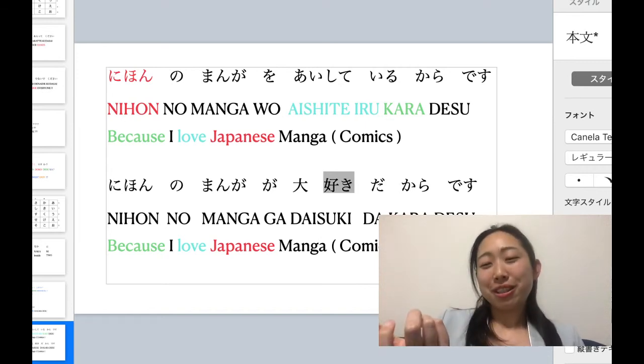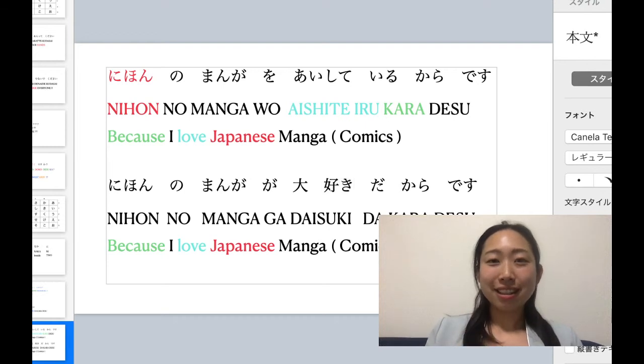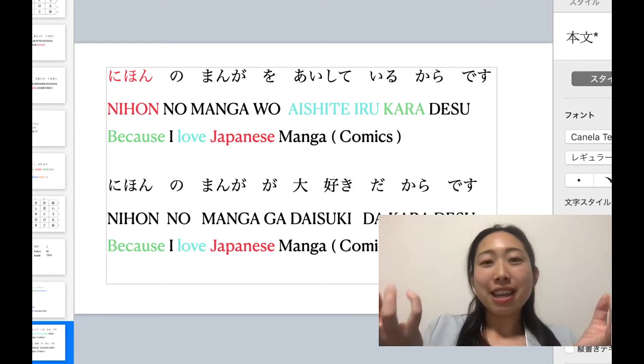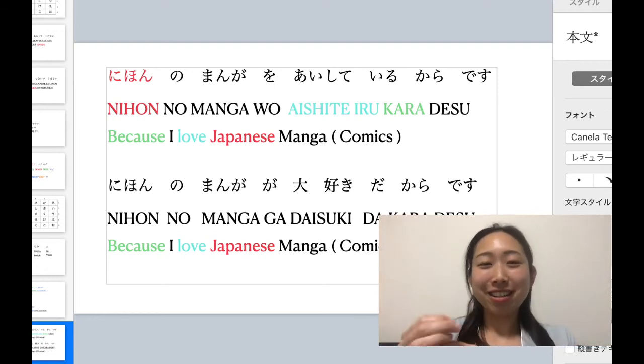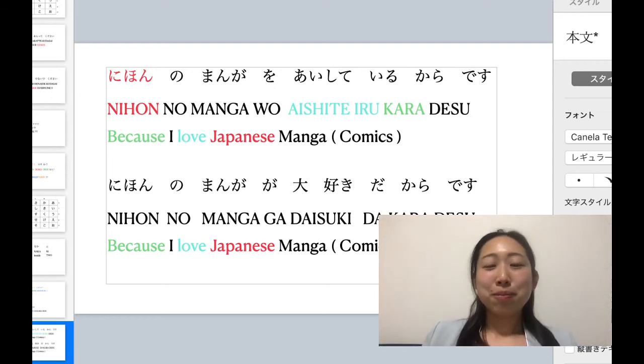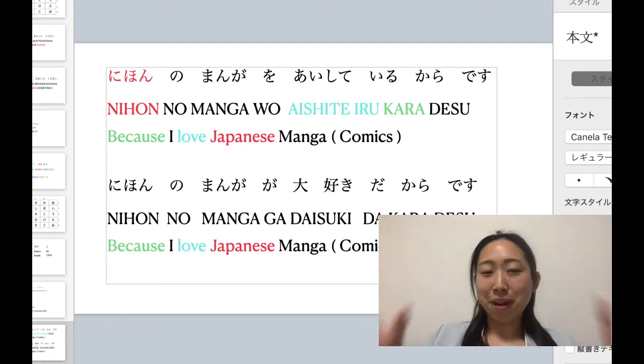Actually, you can use it opposite too. When you dislike it, you can use 嫌い. Opposite of 好き is 嫌い. Or you can just put 大 before 嫌い, 大嫌い, and it means you hate it. So just putting 大 can make the word a little bit more bigger, a little bit more emphasized. Does it make sense?